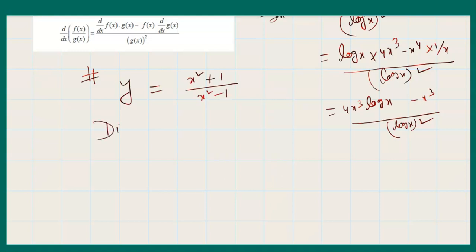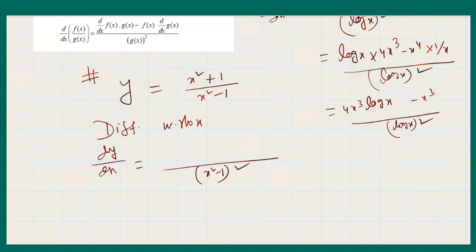By the quotient rule, obviously, differentiating with respect to x, dy by dx would be x square minus 1 whole square in the denominator, and x square minus 1 into d/dx of x square plus 1. Why?